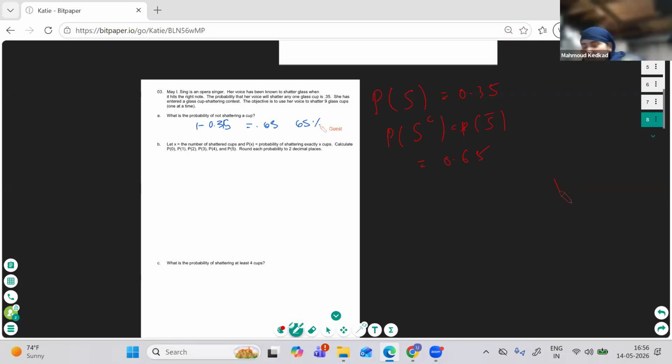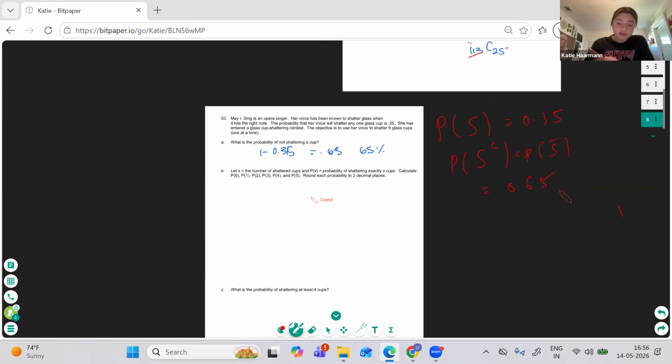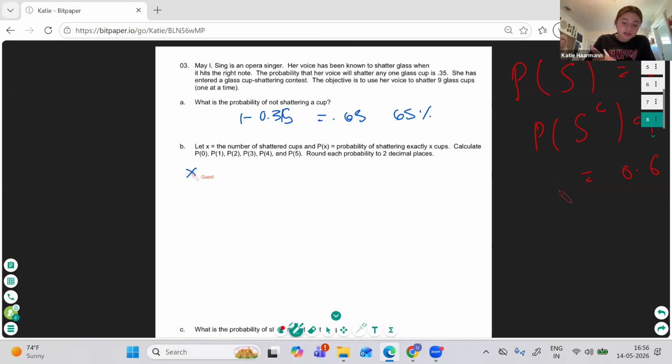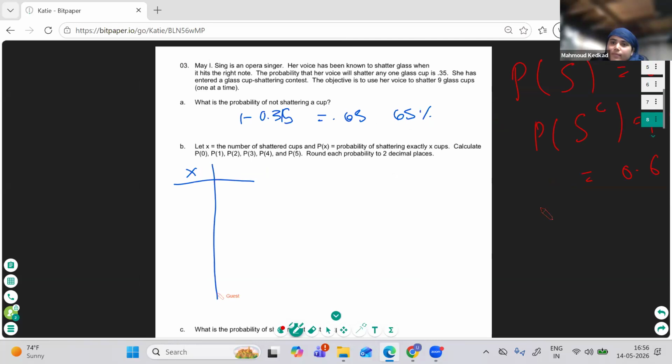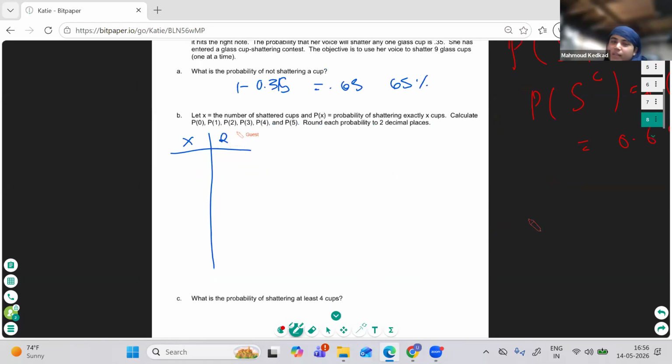The number of events is still the same. You shatter the glass, but you need to come up with that table. So it's a probability distribution. Is it the X and P of X table? Yes, and that's how you figure out if X keeps changing. You're supposed to find the probability of each of those X's. It's the probability distribution table.